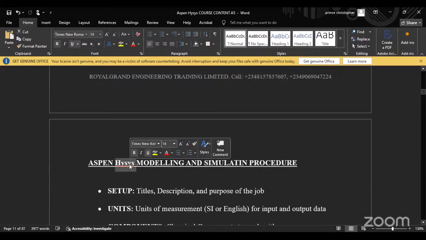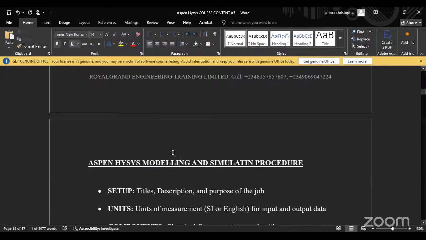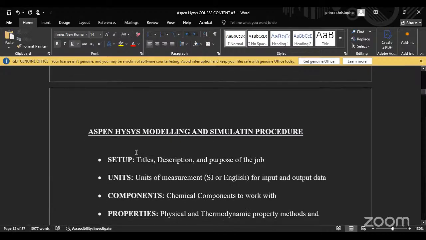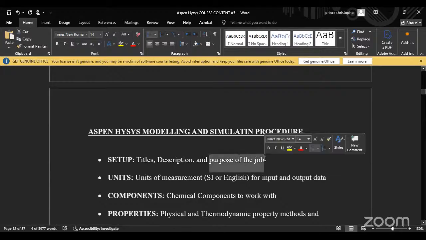Aspen Hysys modeling and simulation procedure. The first thing we need to do is our setup. We need to include the titles, the description, and the purpose of the job. This purpose of the job is optional.